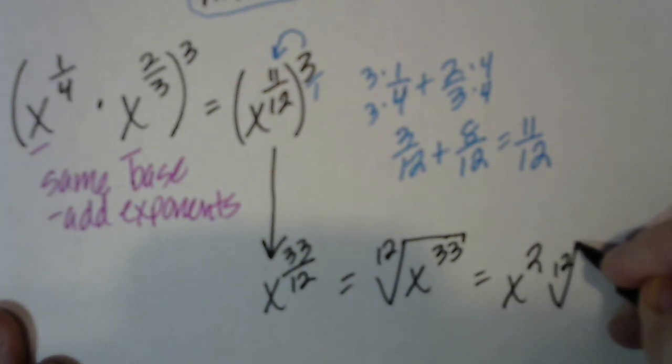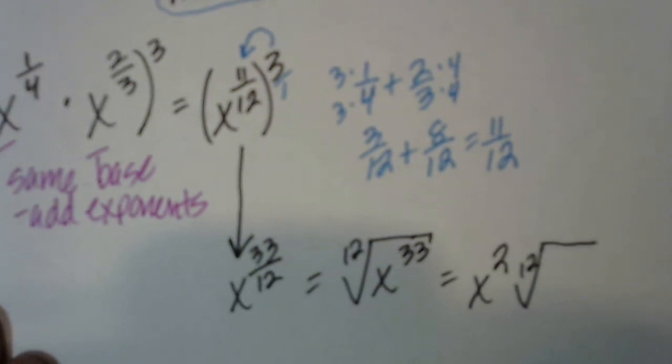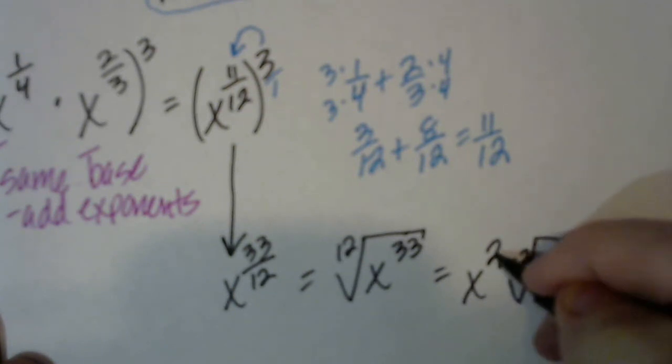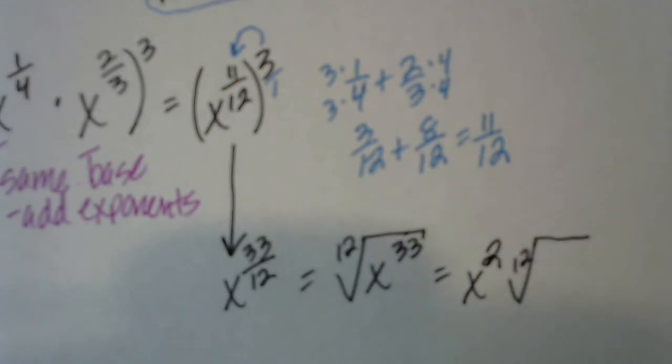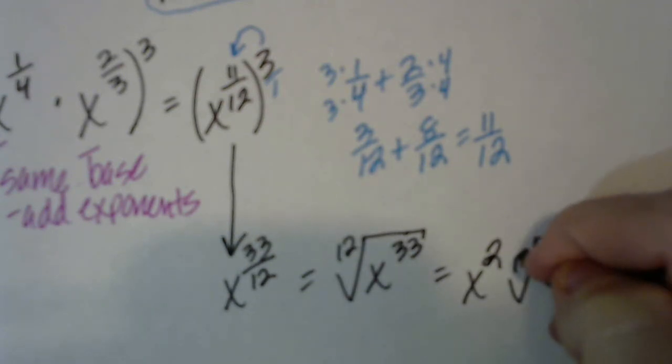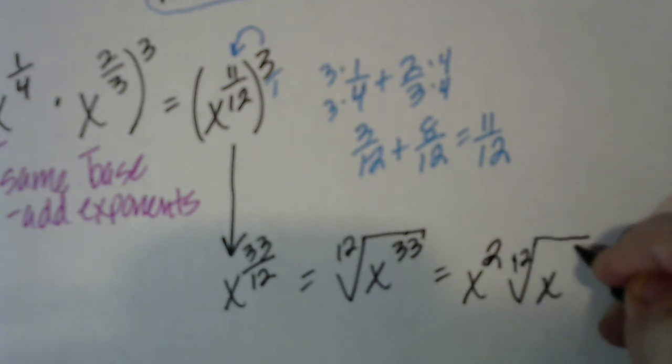It's still the 12th root. 24. 12 times 2 is 24. 33 minus 24 is 9. So I know that there are 9 left over. Everybody see that?